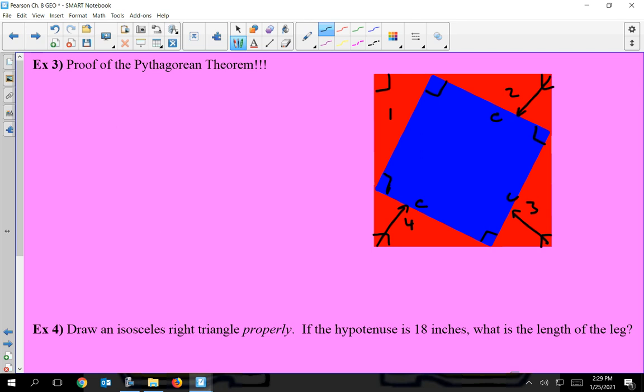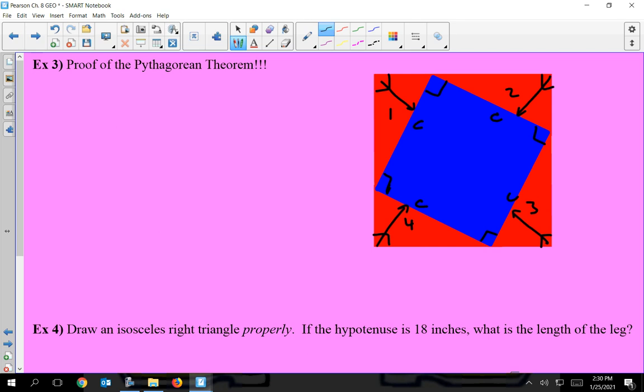So let's go ahead and label those, okay? All right. And then taking these right triangles that are really in red here, we're going to label them with the other terms that we use for the Pythagorean theorem.